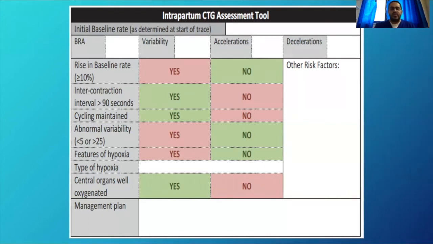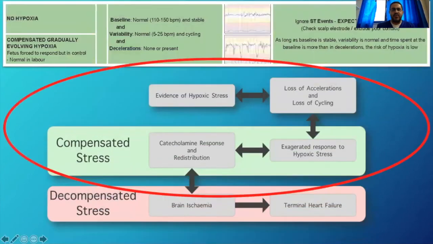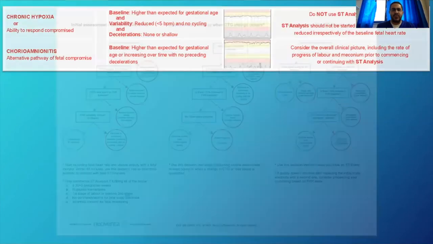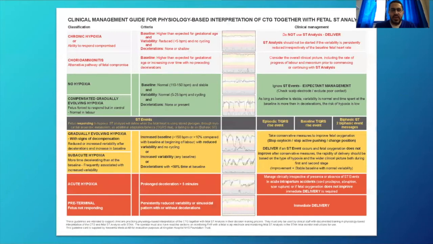Now, it is also okay not to be able to figure out what the assessment is. However, if you can't figure out what the classification is for this baby, then you need to let someone know. You need to escalate. If you can't classify where the baby's CTG is, actually anything outside the green, you need to let the team know.